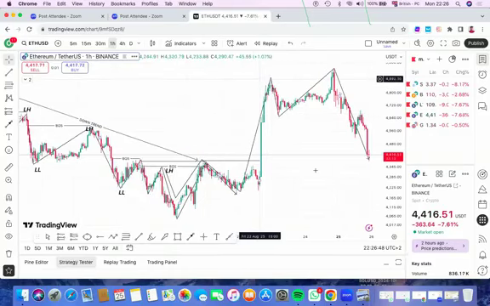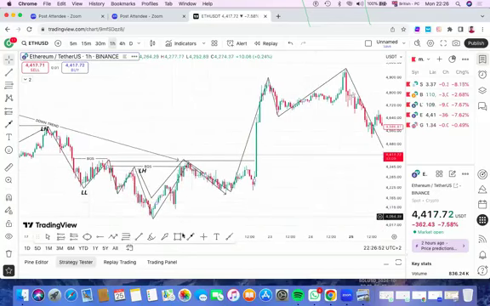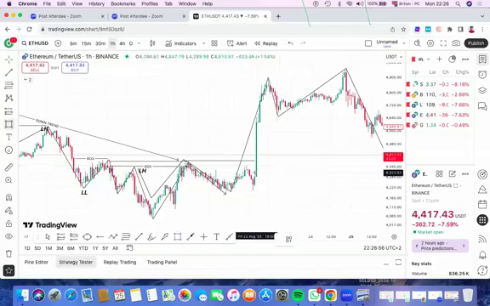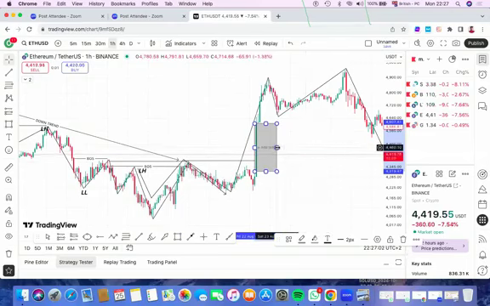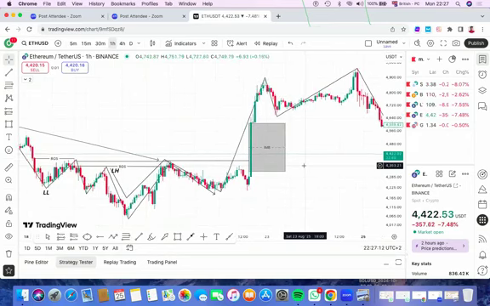And now, leaving this gap here, leaving this big imbalance. And this is what we call imbalance. Okay? And this is when you know that institutions have joined the market. Okay? So we talked about imbalance the last time as well. So this is what we refer to as imbalance.